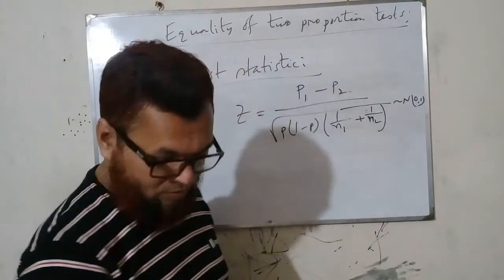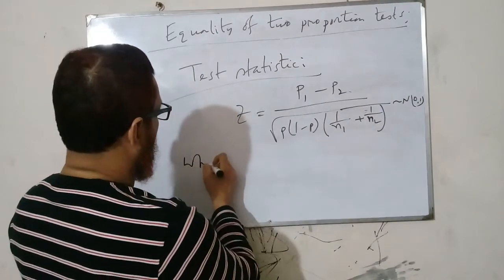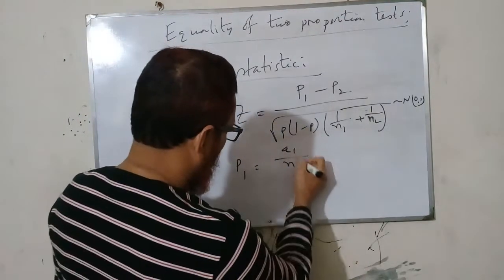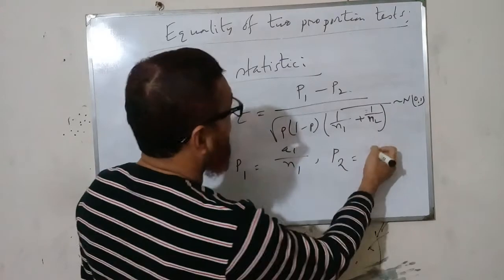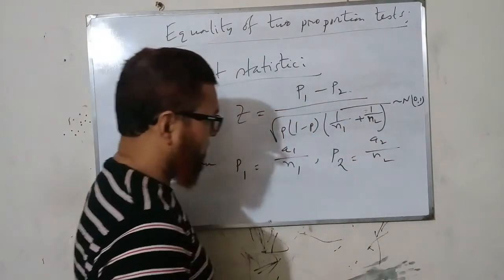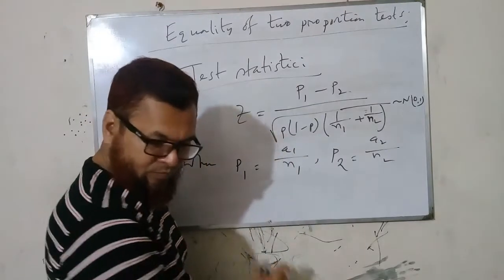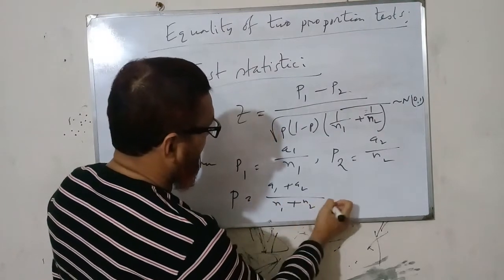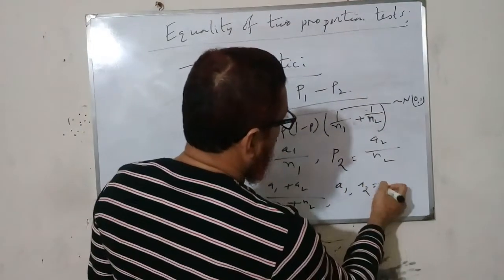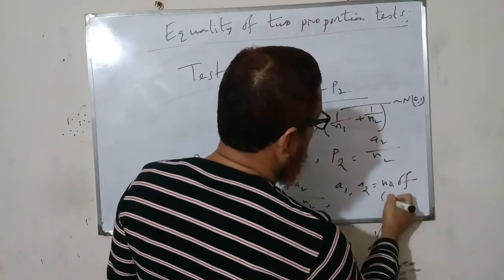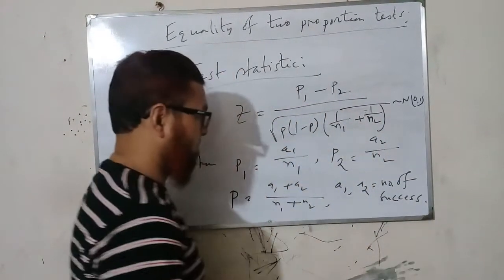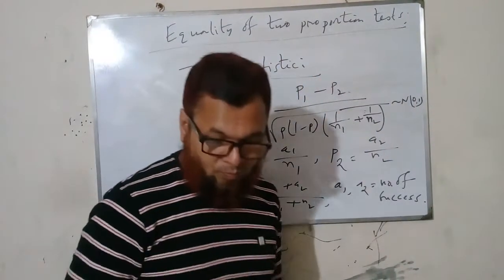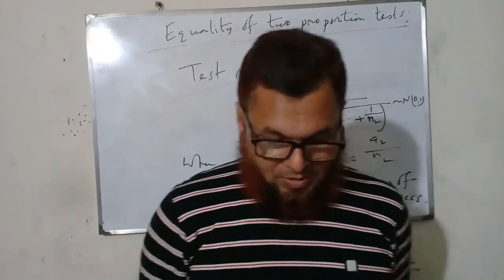This is also standard normal distribution, where P1 equal to A1 by N1, P2 equal to A2 by N2, P equal to (A1 plus A2) by (N1 plus N2). A1, A2 means number of success. This is equality of two proportions test.